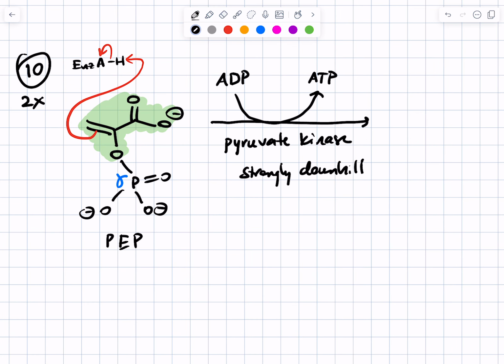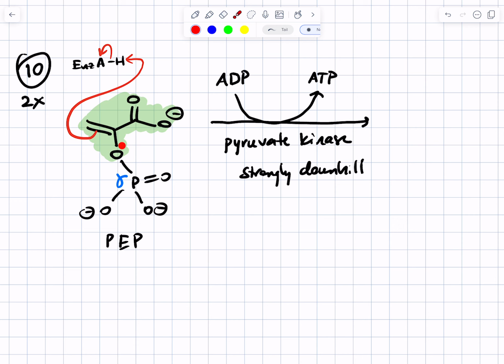Now, all of this appears to happen in the same step, so we're just going to talk through it. But if we drew the intermediate from this first step, where would the positive charge be? Would it be on C2 or C3? C2, because if it's there, it can at least be stabilized by resonance with the carbonyl oxygen, right? Now imagine that as an intermediate.